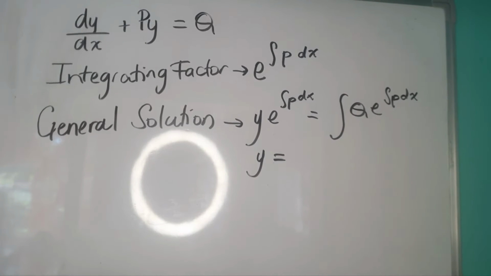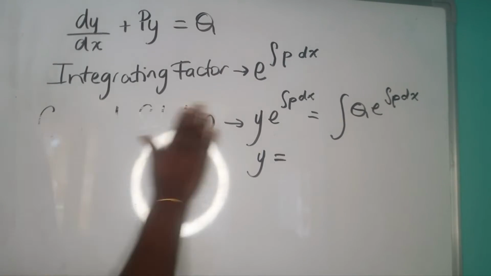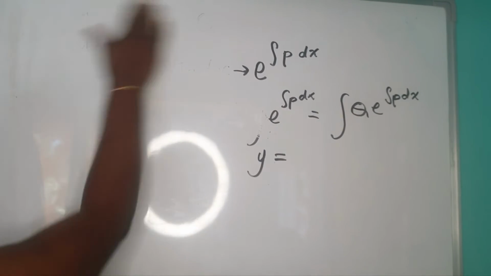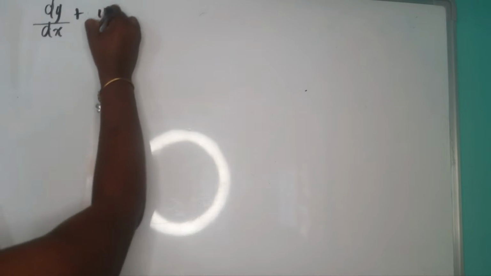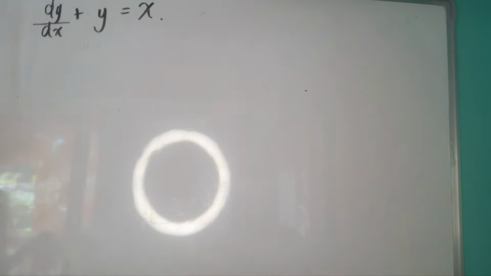Now, let us try an example. The first example: we're going to find the general solution of the differential equation, and this is as easy as we can get, dy/dx plus y equals x.